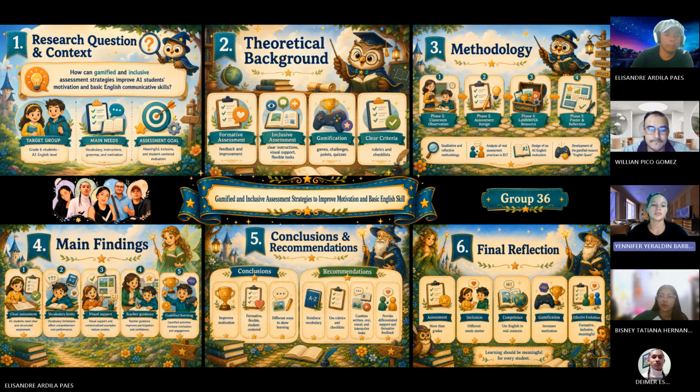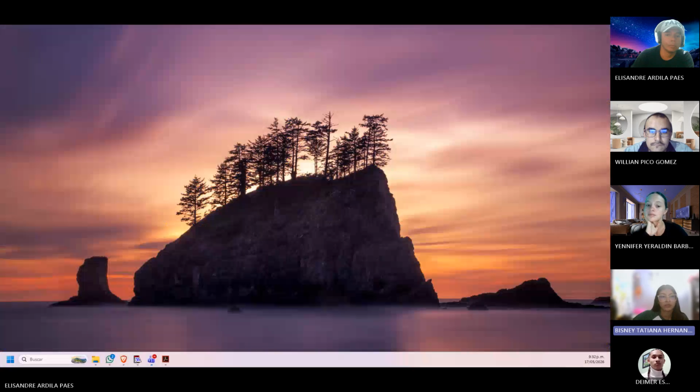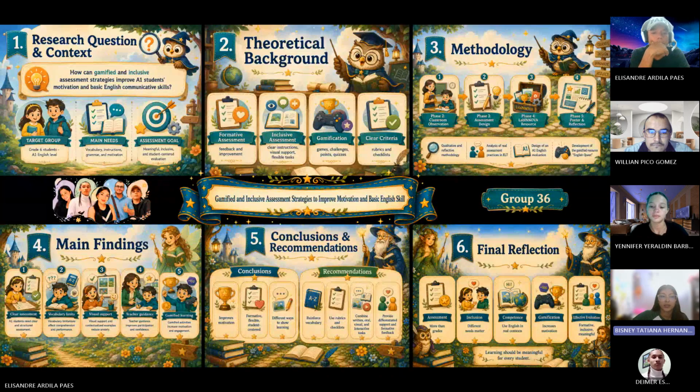Okay, now Bisne will present the main findings of our work. Thank you, Jennifer. In this section, I will present the main findings of our work. First, we found that A1 students need clear and structured assessment. At this level, students require simple instructions and examples written before completing an activity. Second, we identified that vocabulary limitation can strongly affect students' comprehension and performance.